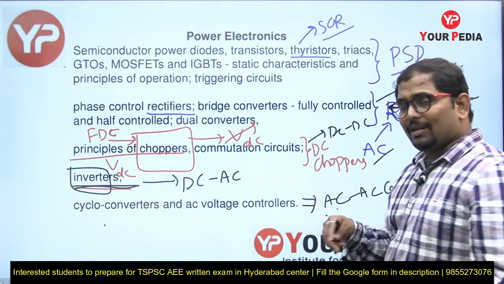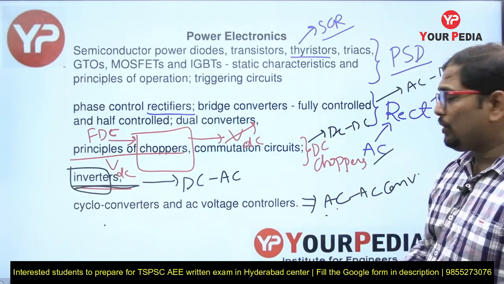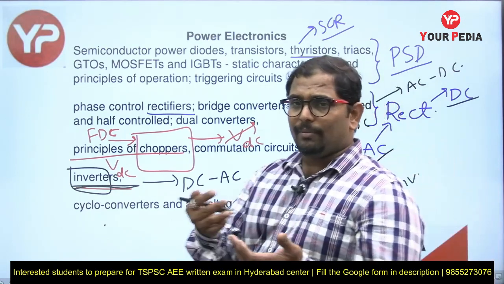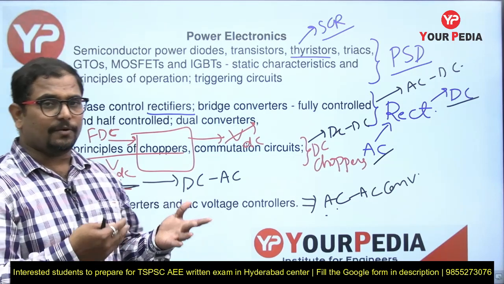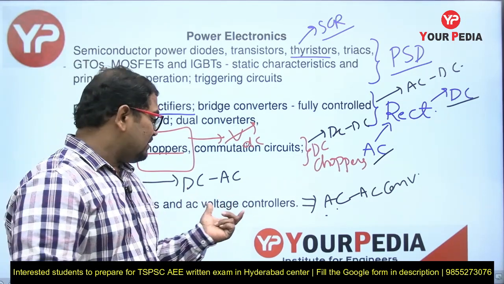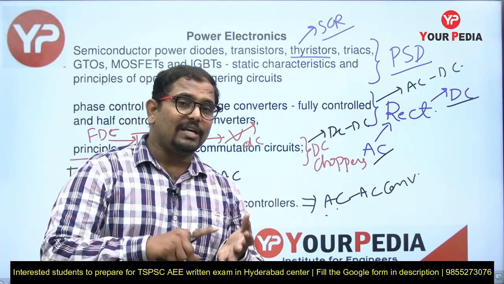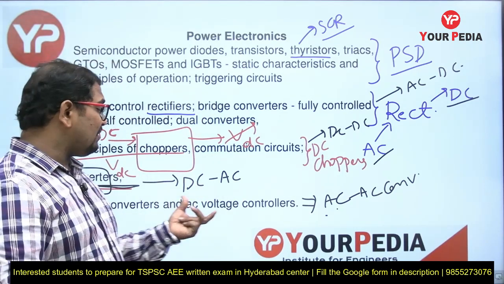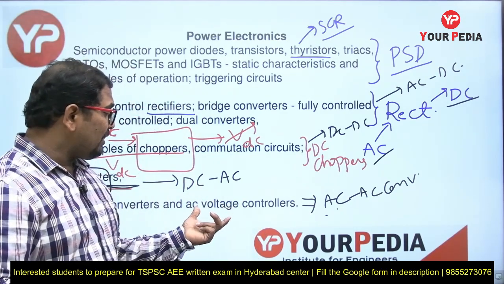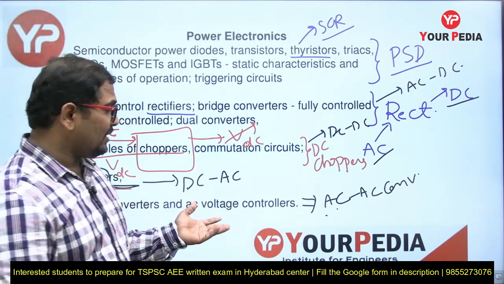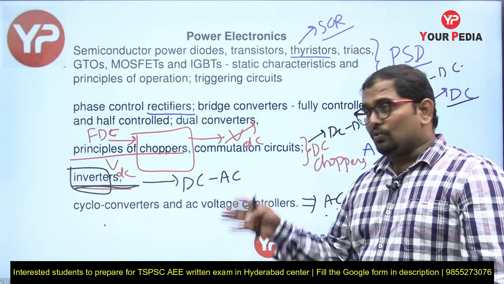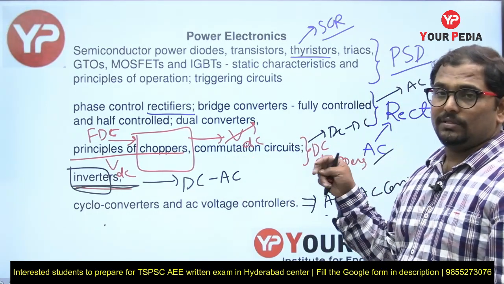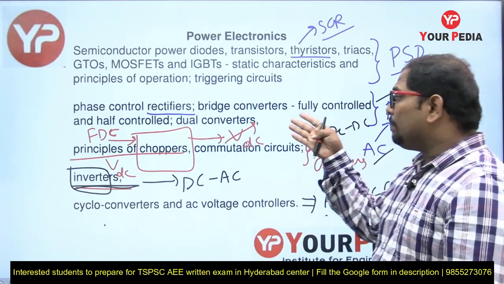In AC, what are the basic parameters we give as an input? Voltage and frequency. A usual supply is represented as 230 volts, 50 Hz. For each and every system we represent the voltage along with the frequency. So in an AC voltage regulator, voltage is the only controlling parameter. Here you won't control any frequency. Understood or not?